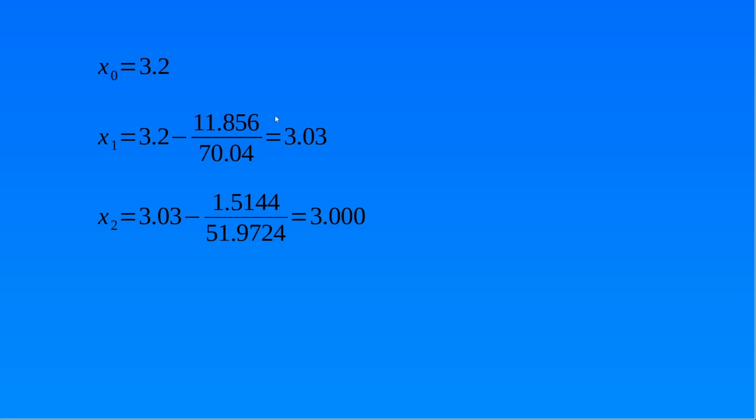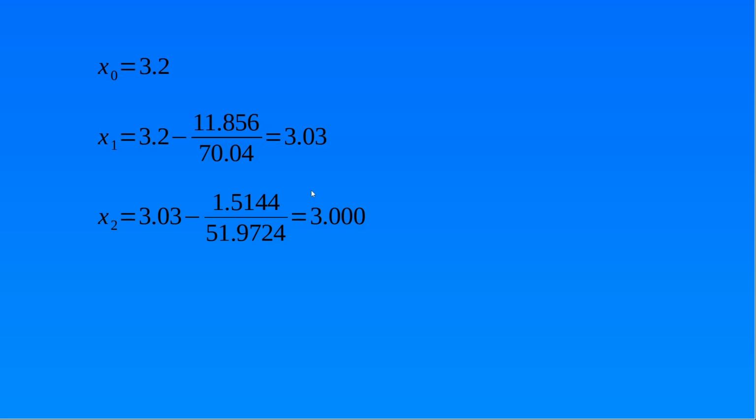So the next estimate that we get is 3.03. After that, the further estimate is going to be 3. Now we stop here. Why? Because if we do any further estimates, we'll find that the fresh estimates would be 3 itself. If you take 3 and put it in the equation, the numerator is going to be 0.